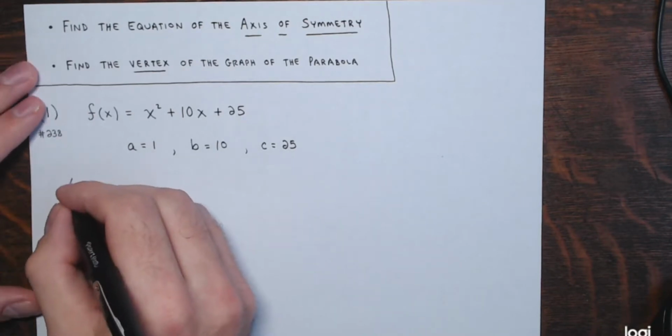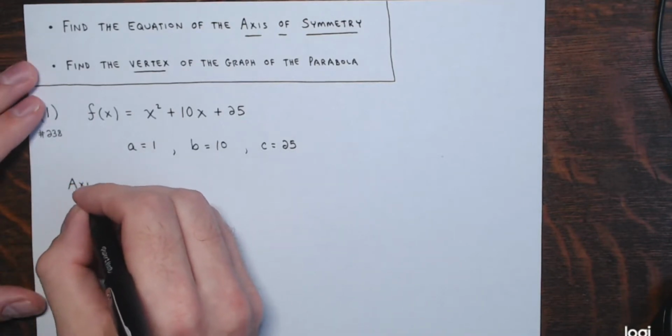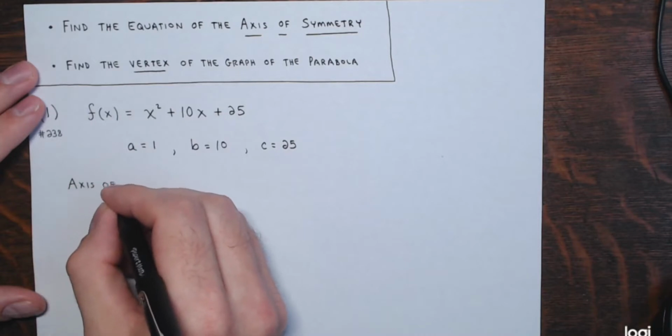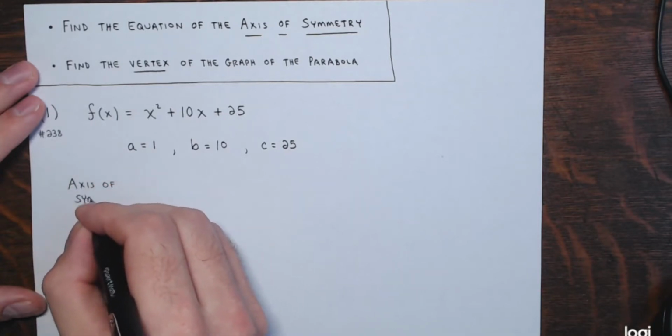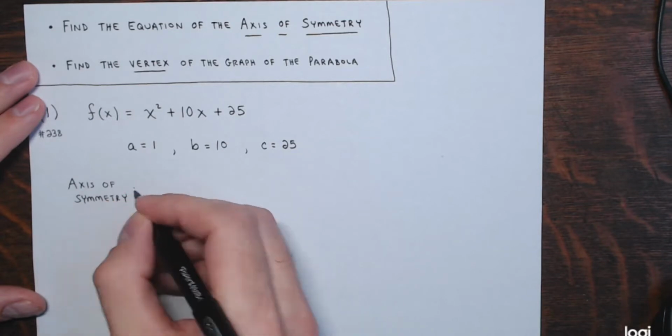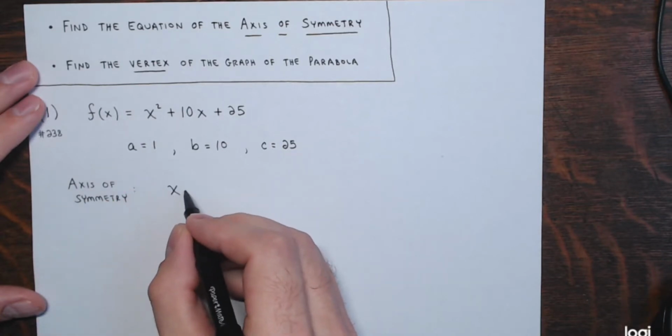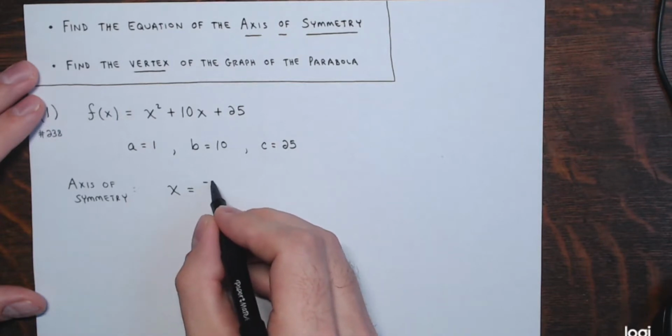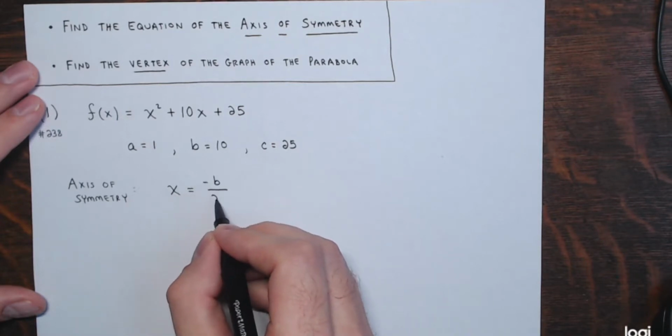All right, so the axis of symmetry for this particular parabola. Remember, the formula is the vertical line x equals the opposite of b divided by twice a.